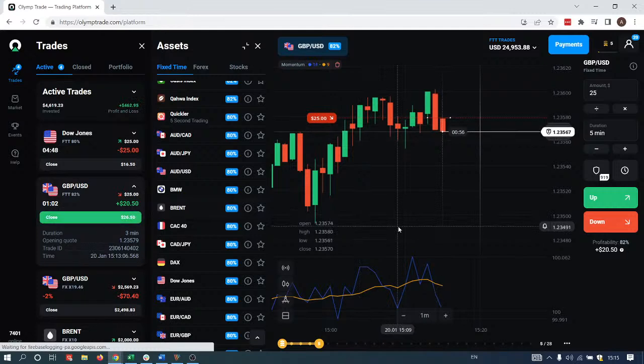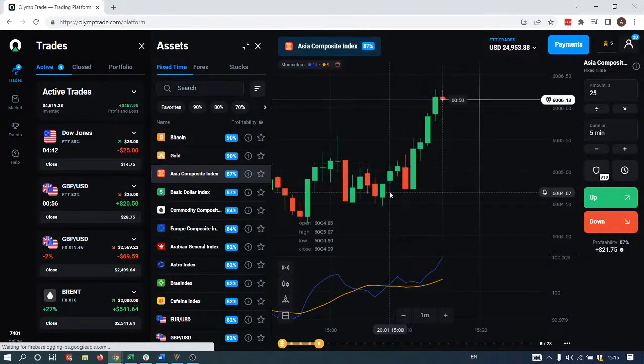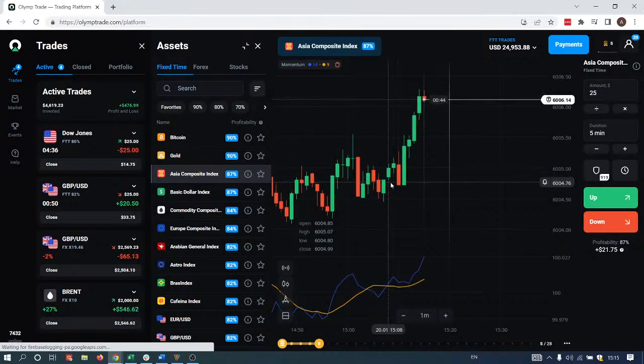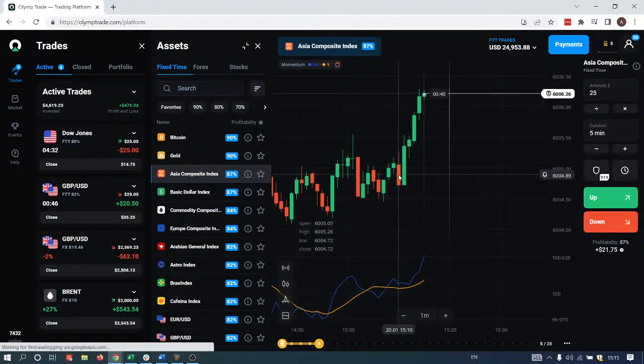So far, won the Asia Composite Index trade. So let me see. Asia Composite Index. Right. Yeah. So that was this trade. Was a clear signal. So it was a little bit of a nervous moment when this red candlestick appears. So after 1, 2, 3 green candlesticks, there was this red pullback.